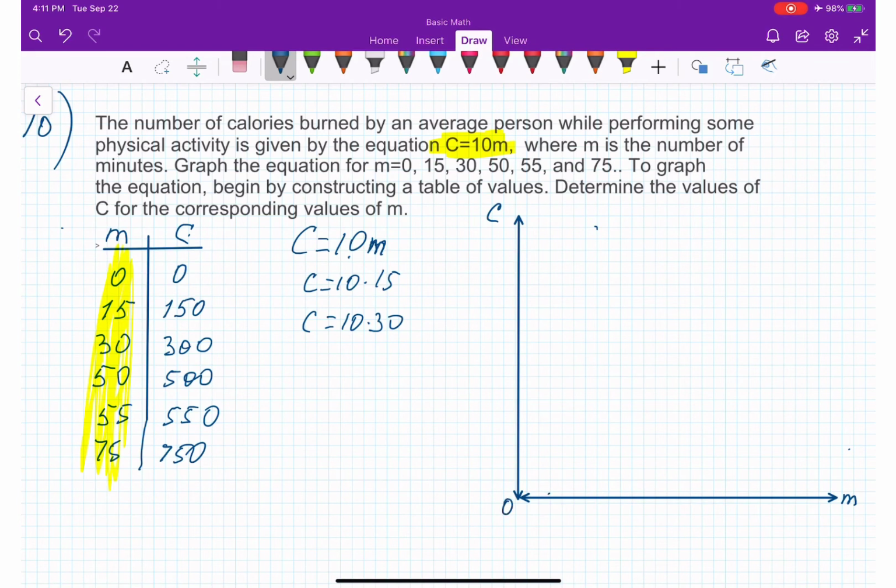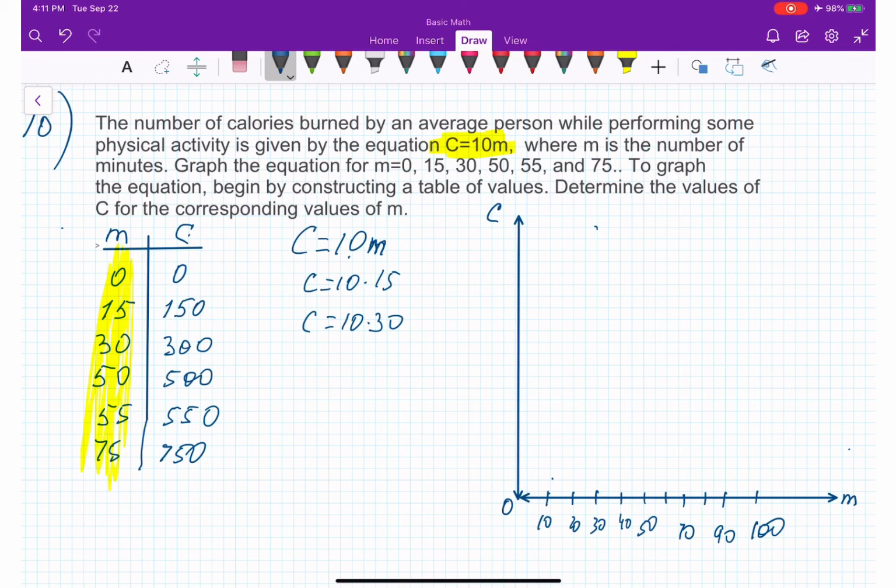Let's see, I'm going to go by 10. This is 0, 10, 20, 30, 40, 50, 60, 70, 80, 90, 100.